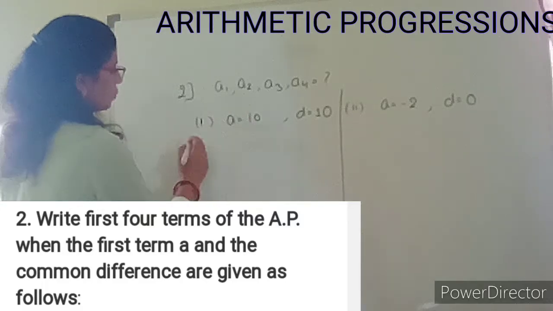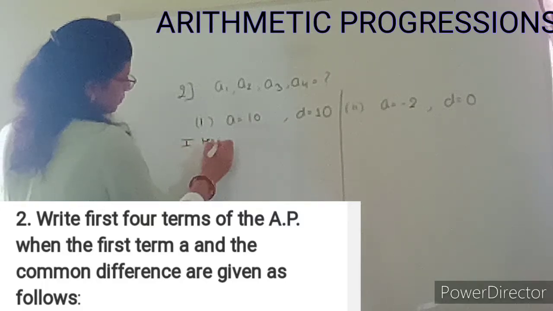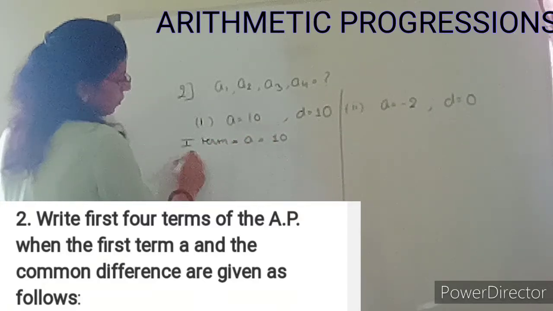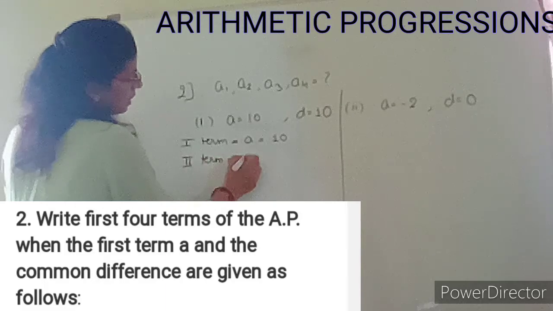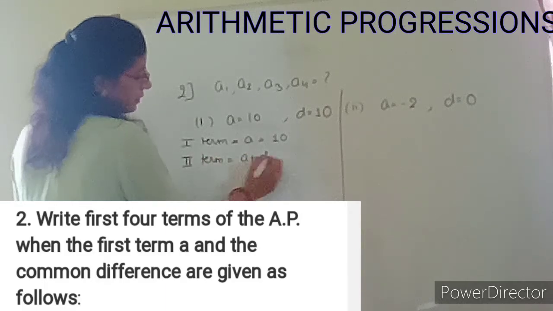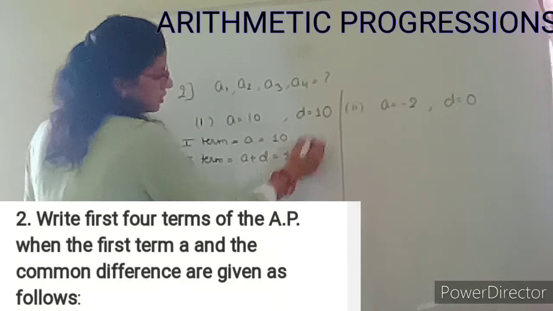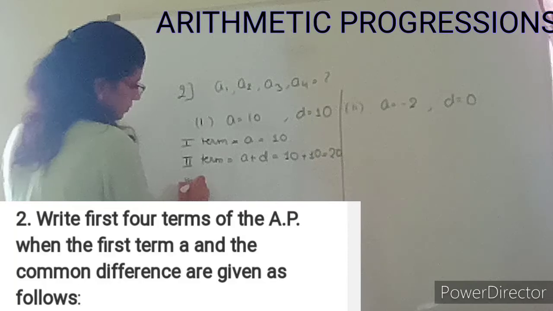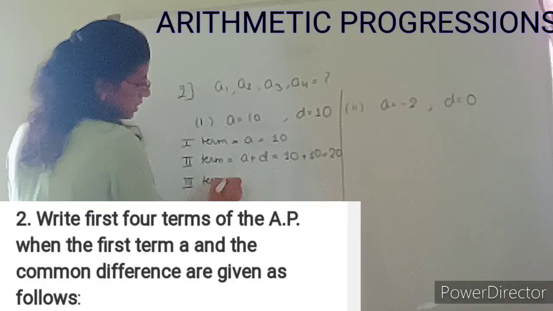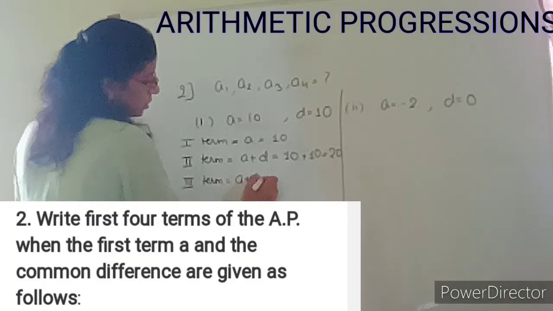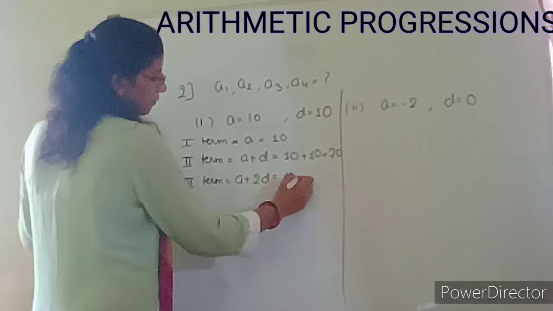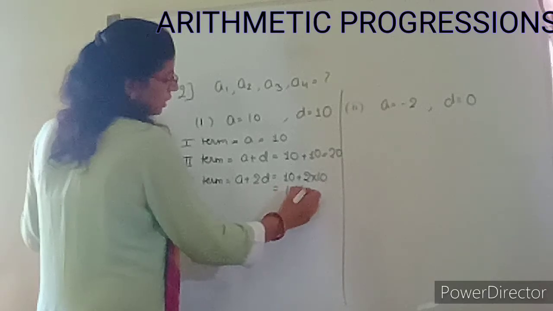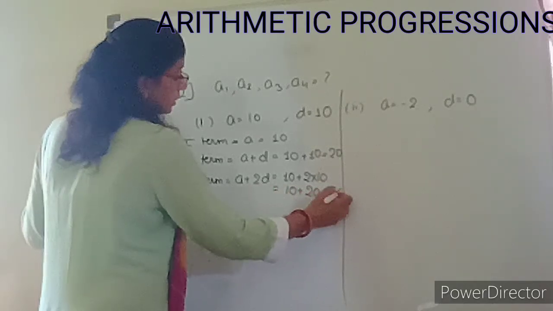So the first term is A, which is 10 only. What will the second term be? For the second term, you have to add the common difference to A. So 10 plus the common difference, which is 10, so that means 20. The third term is A plus 2D. So A is 10 plus 2 into D, which is 10, so 10 plus 20 is 30.